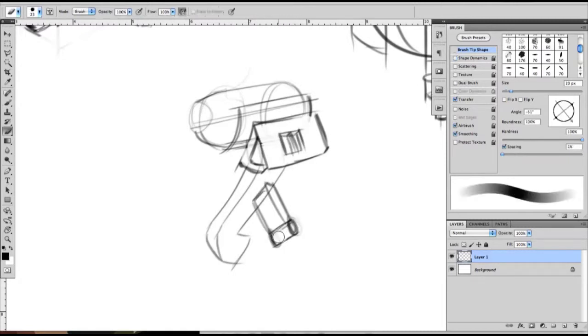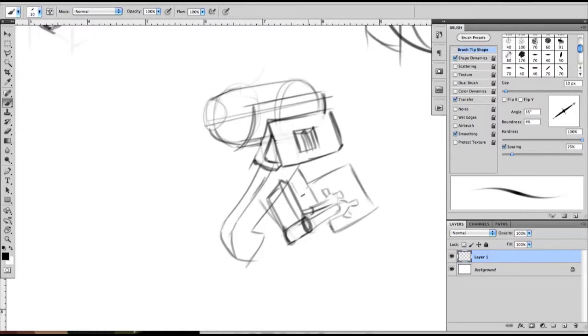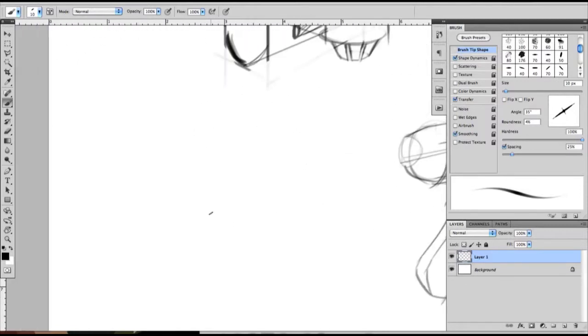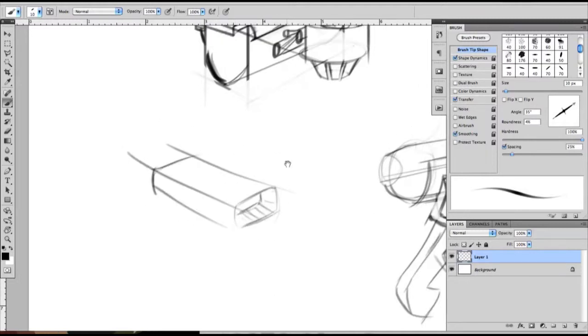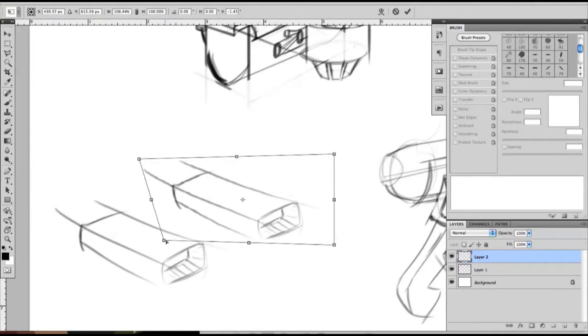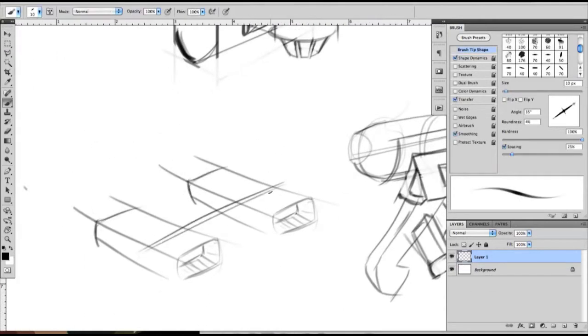And I think that's actually one of the important things to learn when you're learning to draw, is to not take yourself too seriously. I think that a lot of people, a lot of artists especially, take themselves very seriously.